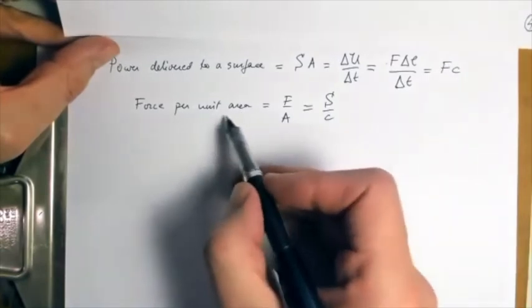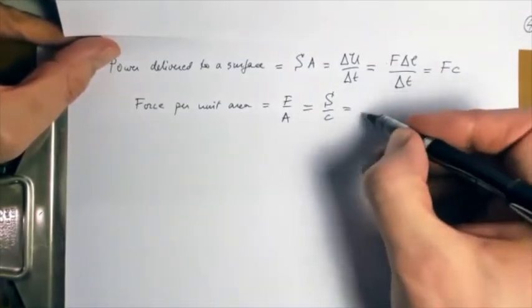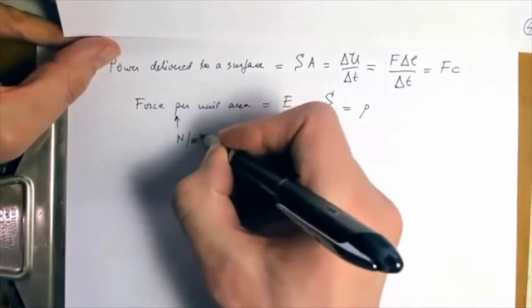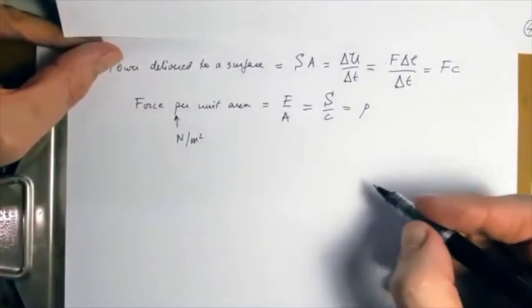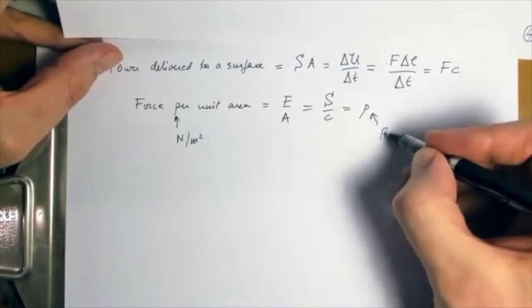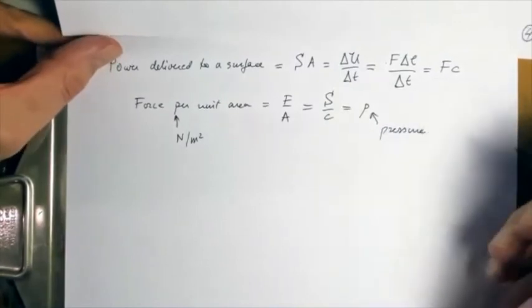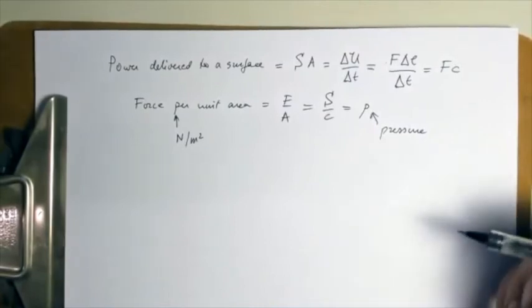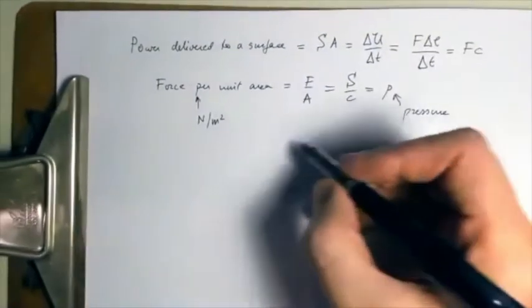And force per unit area actually has a name, and that's called pressure, right? Because this is in newtons per meter squared, and that's the unit of pressure. So this is pressure.